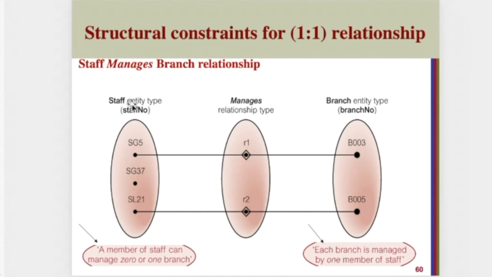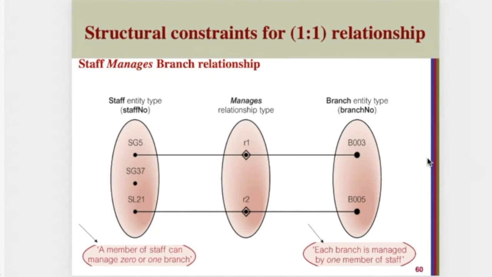Each description should start from A or each. Like here, a member of staff can manage 0 or 1 branch. Here it starts, each branch is managed by 1 staff member. So these are the 2 tips that I gave to you. We are going to practice it in more examples coming in next slides.